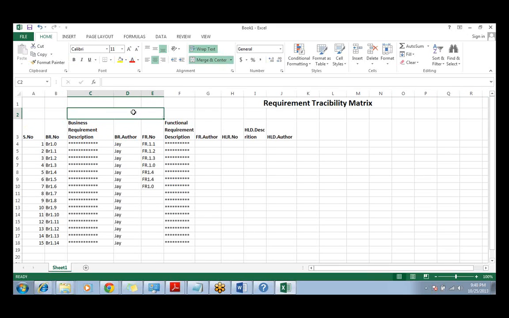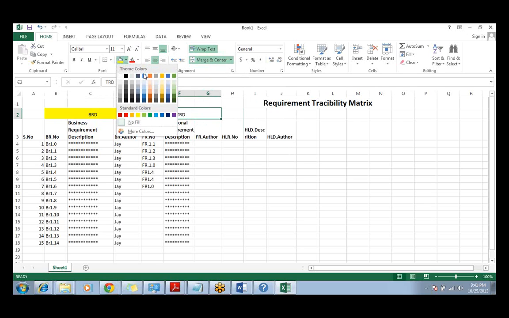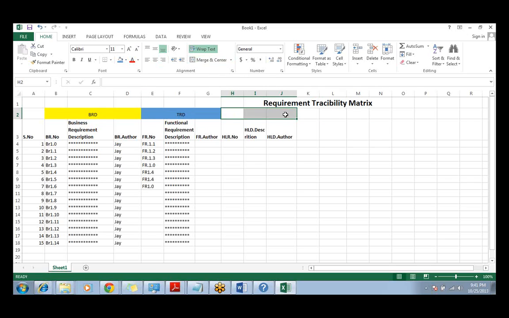These three, BRD. These three, BRD. So now you will understand from where all the numbers are coming.